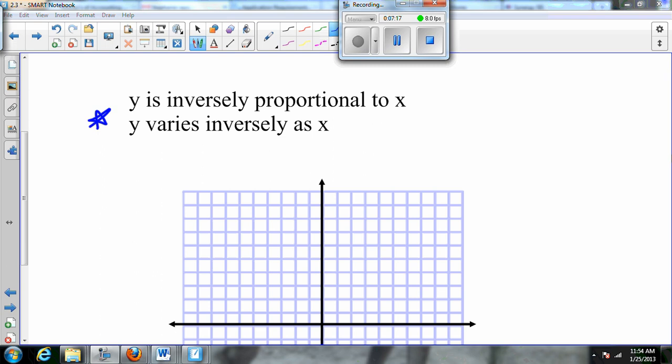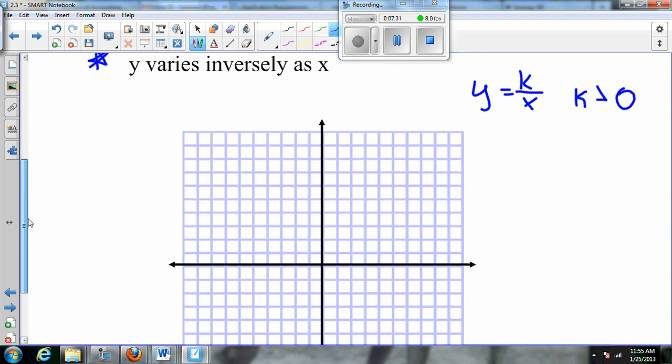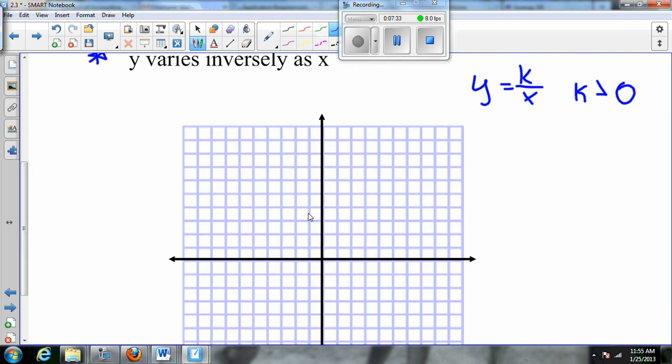So if we were to graph a general inverse variation equation, y equals k over x, and this is for when k is greater than 0, so it's positive, it will look as such. It's going to be a curve in quadrant 1.